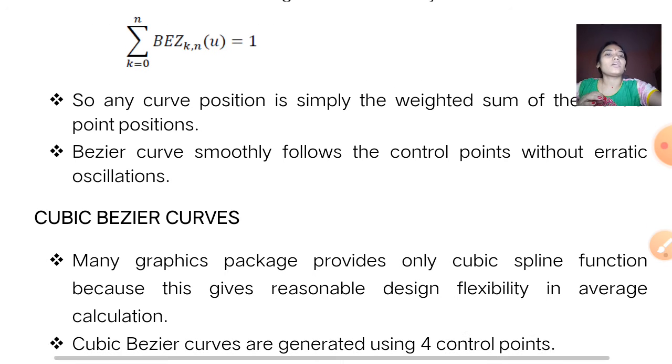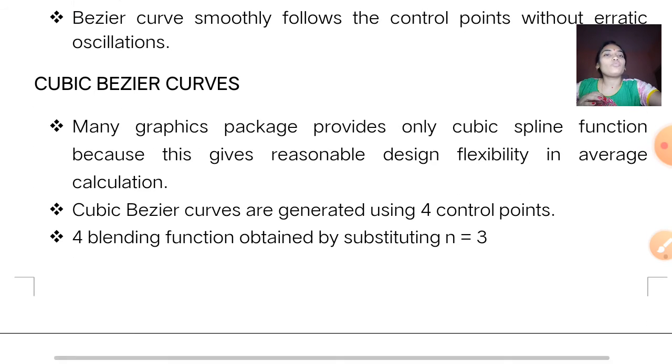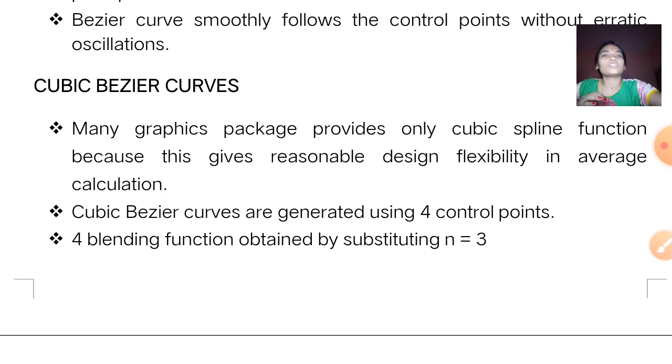Now let us discuss the cubic Bezier curve. What is a cubic Bezier curve? Many graphics packages provide only cubic spline functions because they give reasonable design flexibility while avoiding extra calculation.